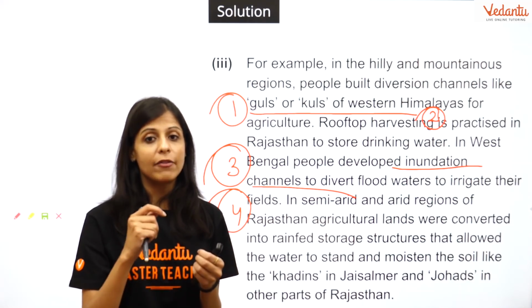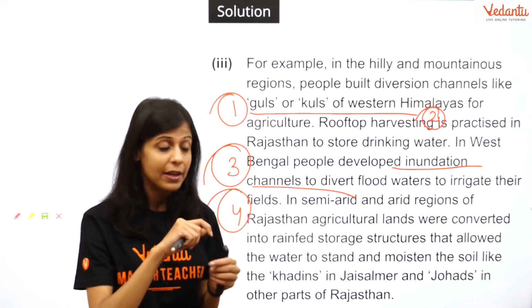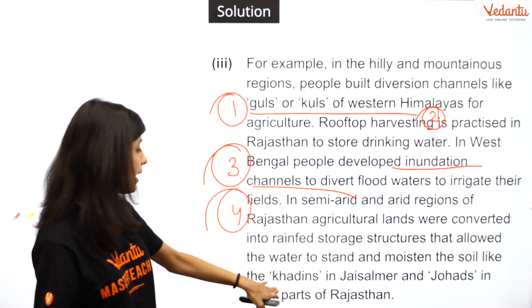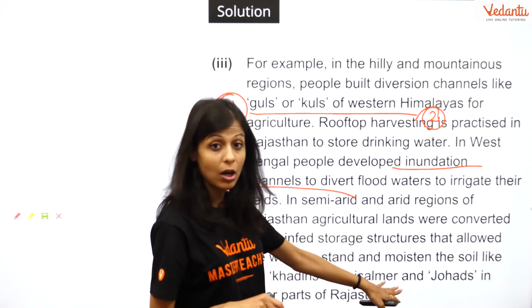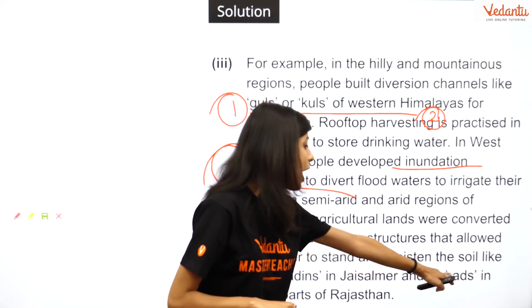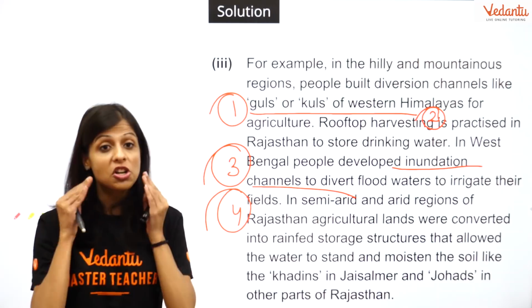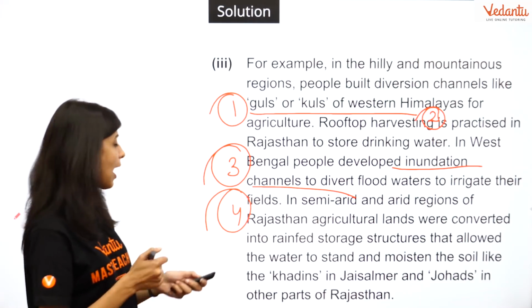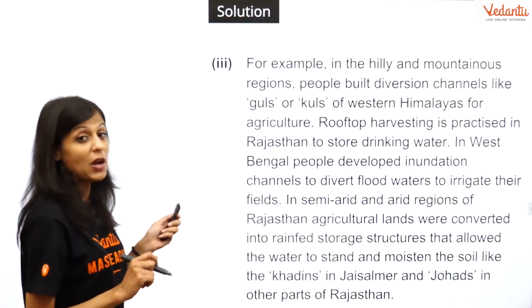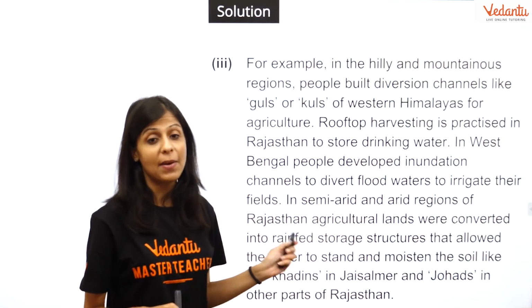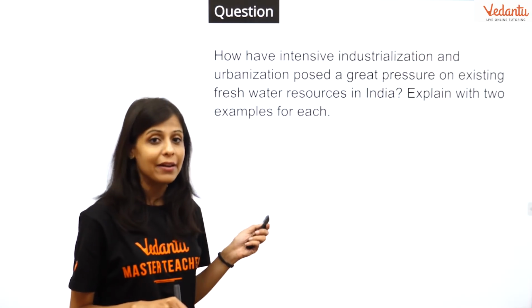For example, in Jaisalmer, we've been following khadins, and johads have been used in other parts of Rajasthan. These are the traditional practices that the people have been following over the years to ensure that they get adequate supply of water when they need it.